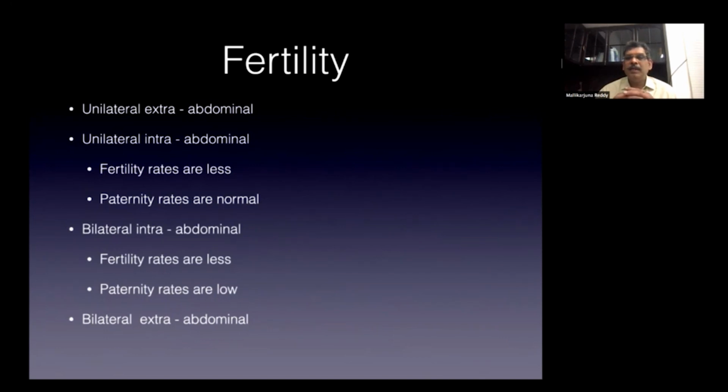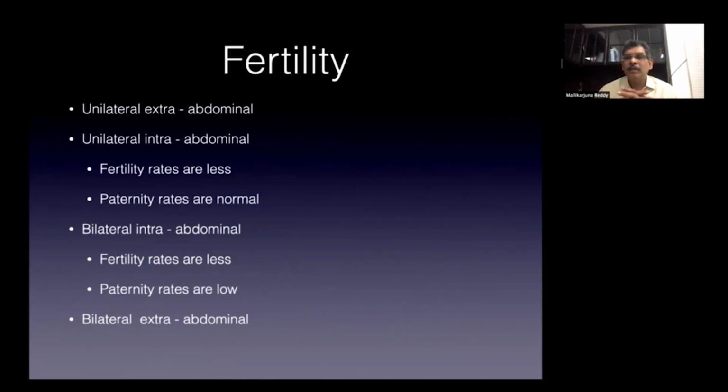That means the number of spermatogonia and sperms are less, but ultimately when they look at the percentage of paternity rates compared to children who had both descended testes, their paternity rates are normal. If there is bilateral intra-abdominal testis, both the fertility and paternity rates are low. And if bilateral extra-abdominal, again, it turns out like a unilateral intra-abdominal testis.